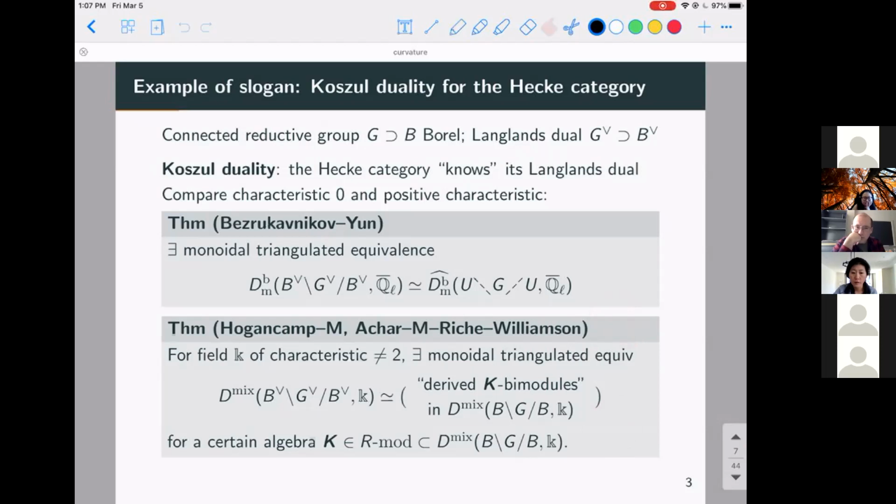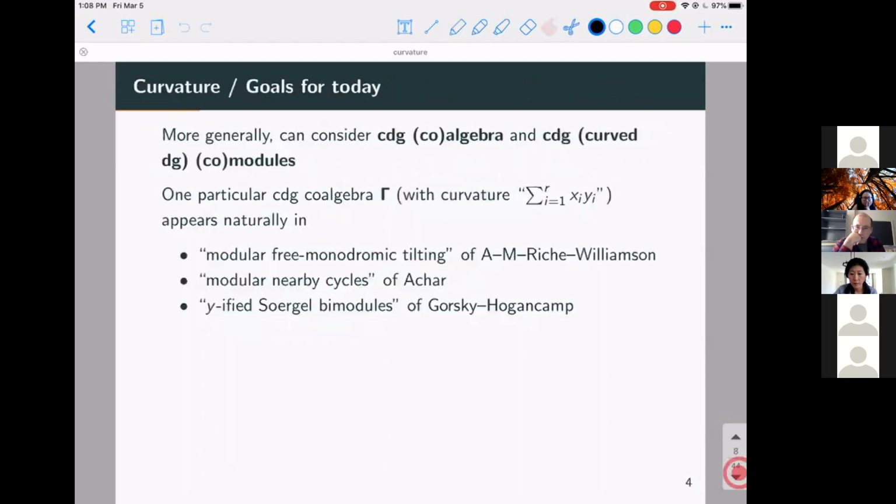This right-hand side, you can actually phrase in terms of bimodules over some algebra. In fact, it's derived bimodules for a certain very nice algebra K. I'll come back to this, but this kind of construction really does appear naturally.